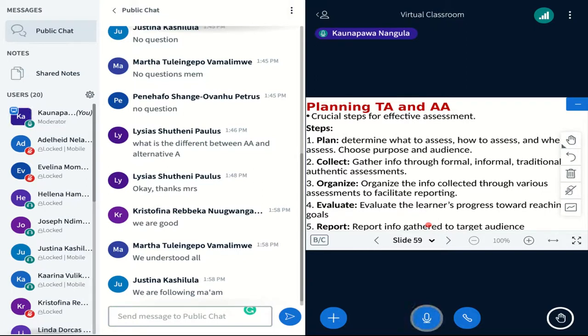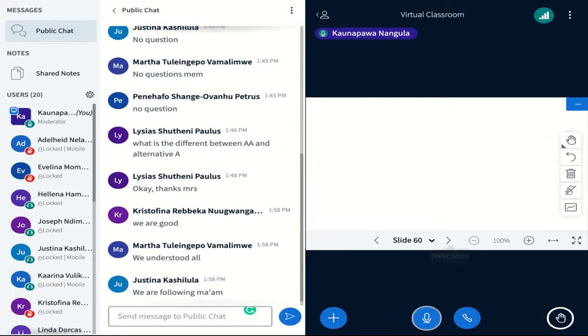Those who are lagging behind, and those who are doing well, inform them as well. Okay. And then at the end of the year, we give reports to parents or the principal or the administrators who need the information on the learner's performance.